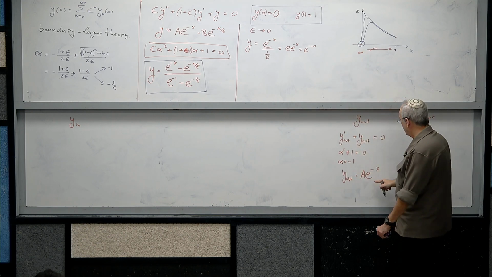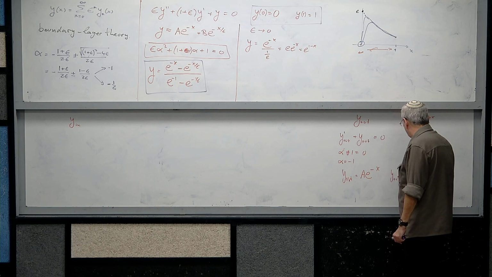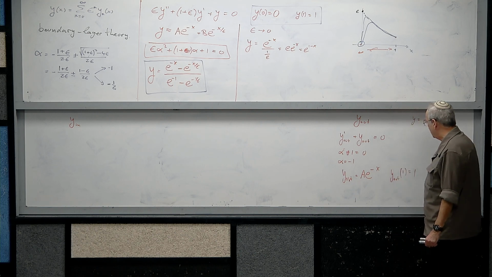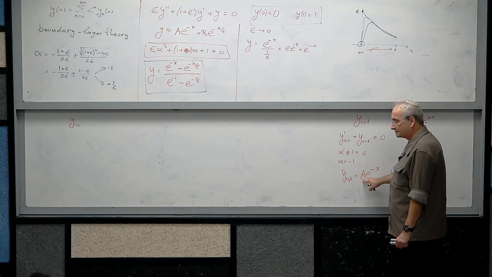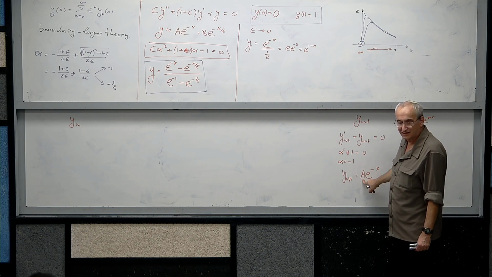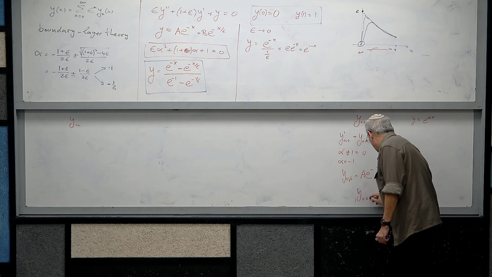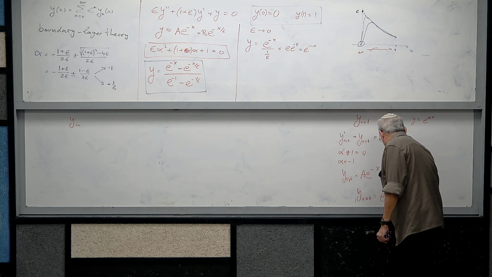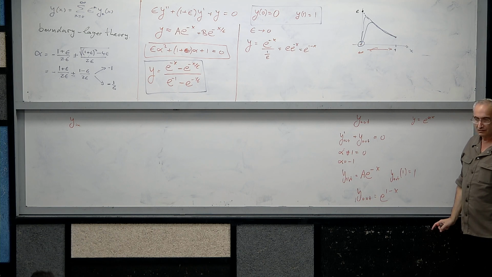So we got y out is a e to the minus x, and now we want y out of 1 to be 1, and therefore a must be e, because e to the minus 1 times e is 1. So y out is e to the 1 minus x, which is exactly what we found. Okay? So this is the outer solution.